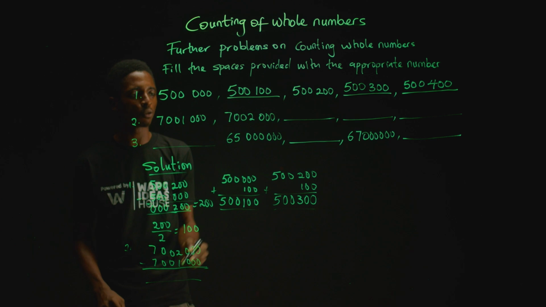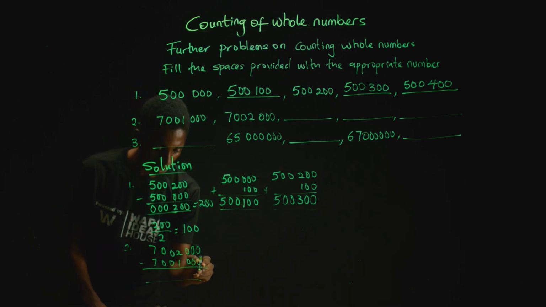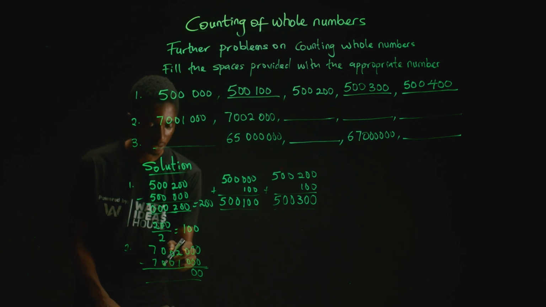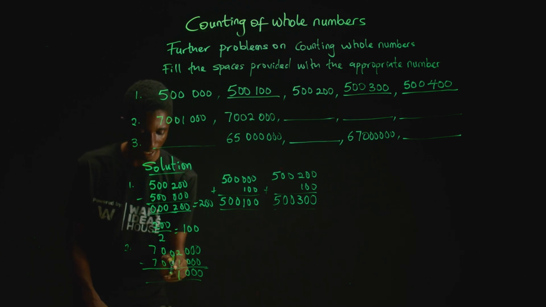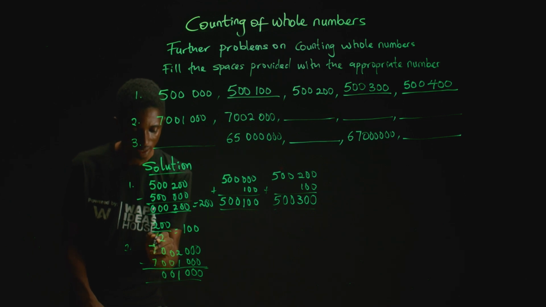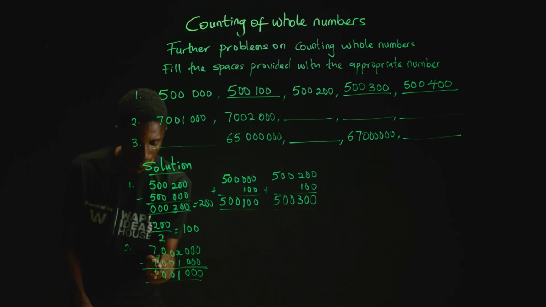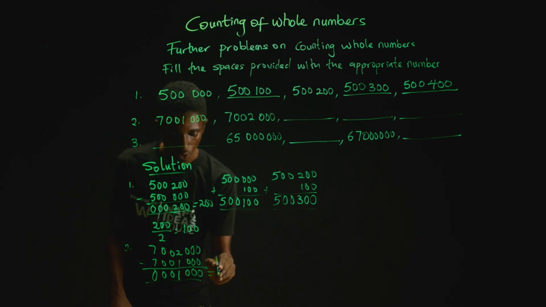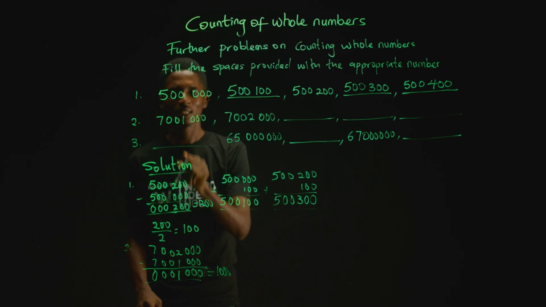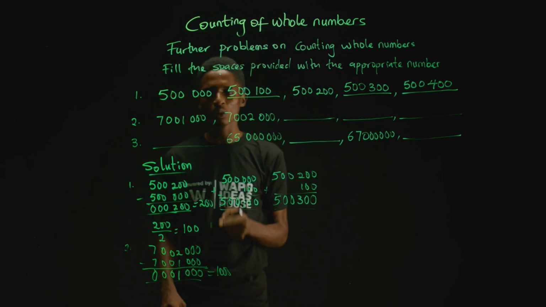The difference here would be 0 minus 0 is 0, 0 minus 0 is 0, 0 minus 0 is 0, 2 minus 1 is 1, 0 minus 0, 0 minus 0, 7 minus 7 is 0. That is, we have 1,000. That is, for each step, you add 1,000.